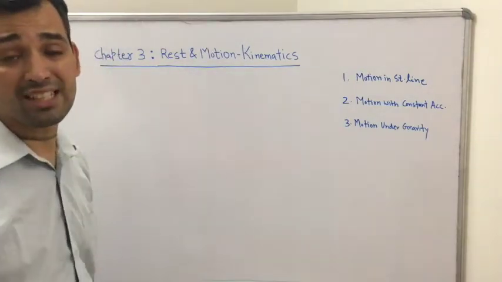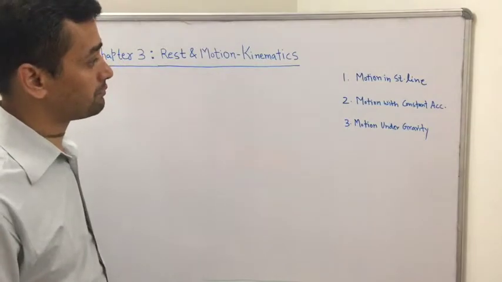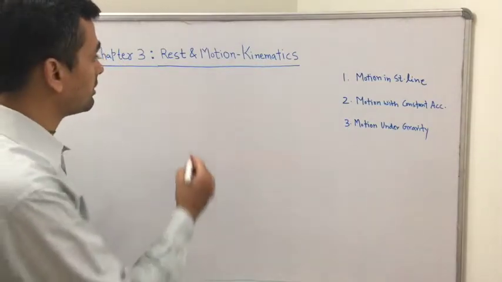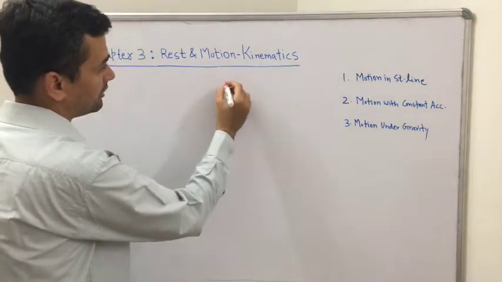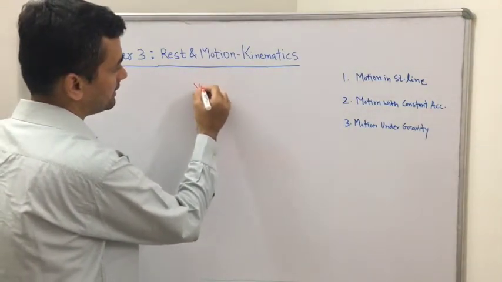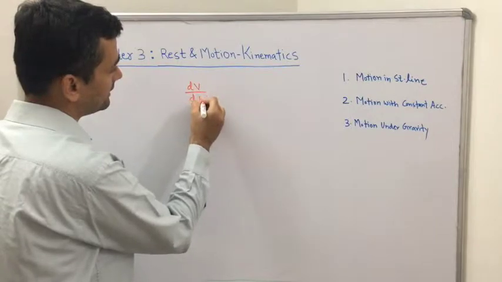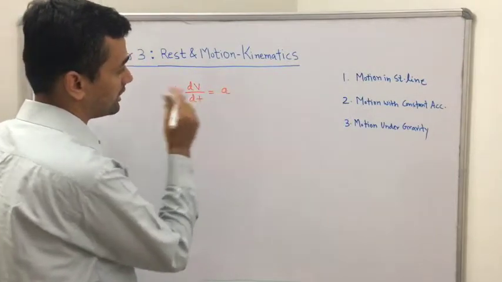Motion with constant acceleration also becomes fairly simple. So we know that dv by dt is equal to acceleration a.